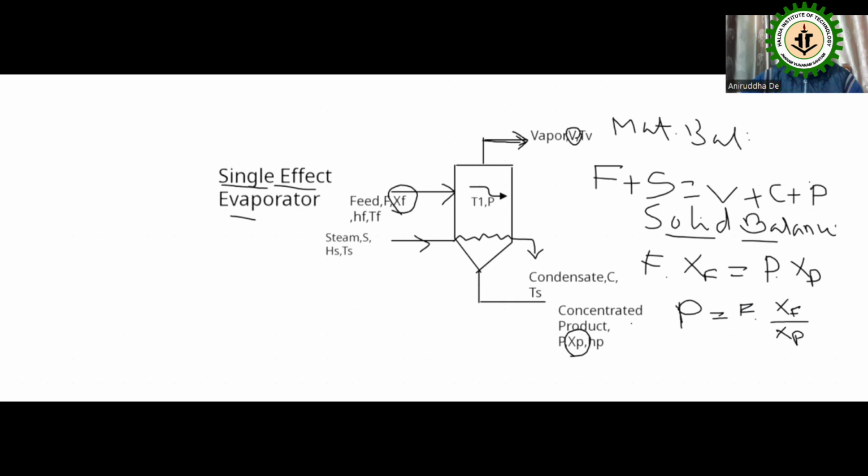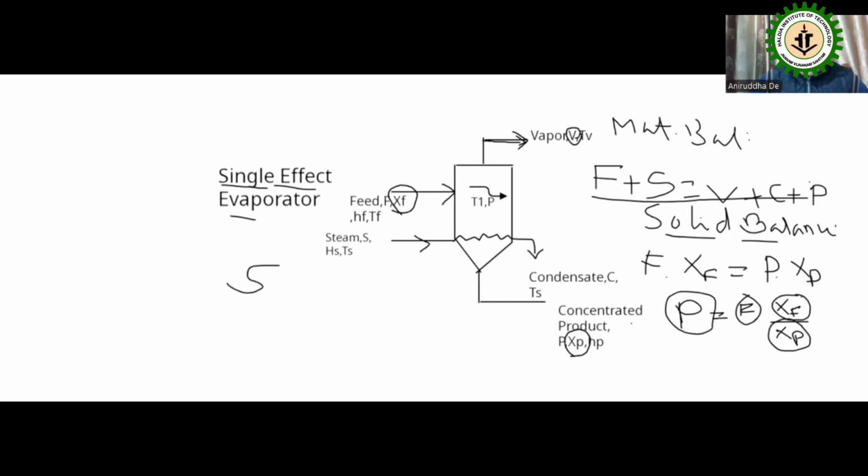From there you can calculate how much concentrated product you can get if you know the feed rate, and the solid content in the feed and in the product. Another equation comes from the overall material balance: F plus S is equal to V plus C plus P. And as I have told, S is equal to C. Why?